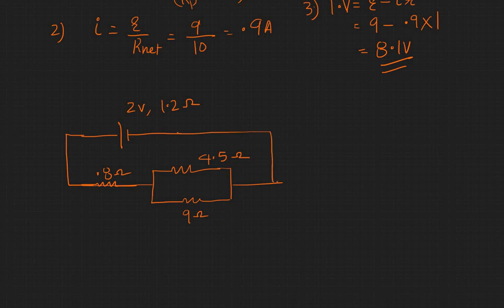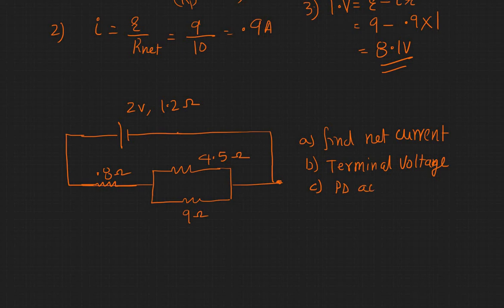You have to find the net current in the circuit. So A, find the net current, find the terminal voltage, which is the potential difference across the cell, and also find the PD across all resistors.